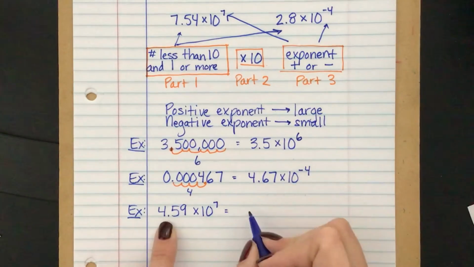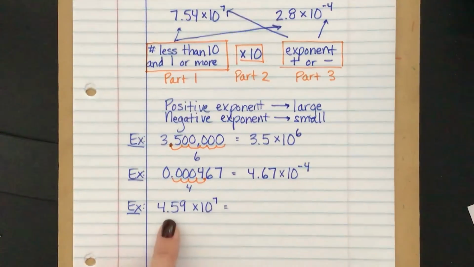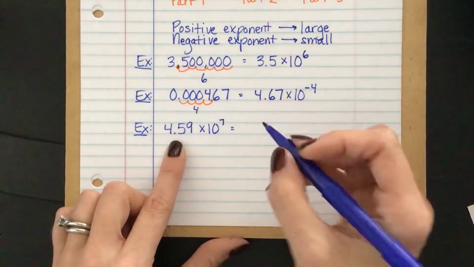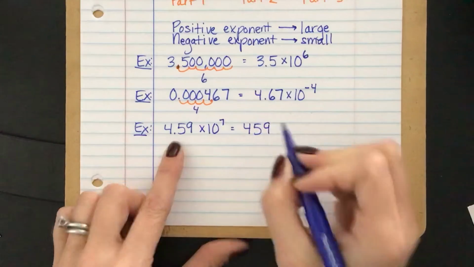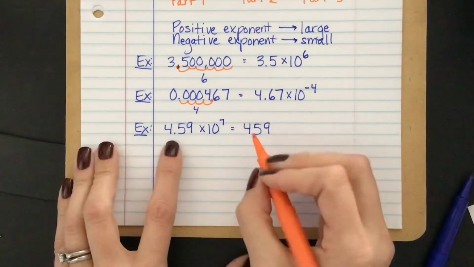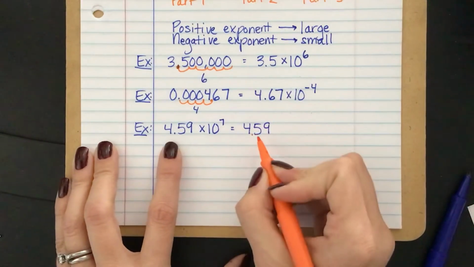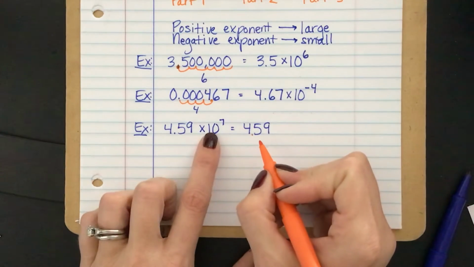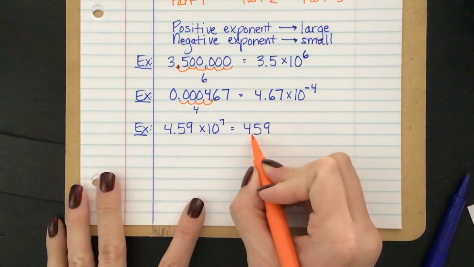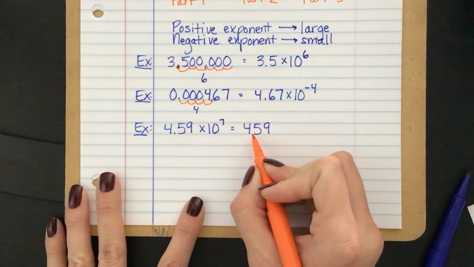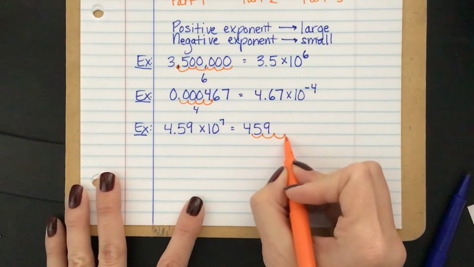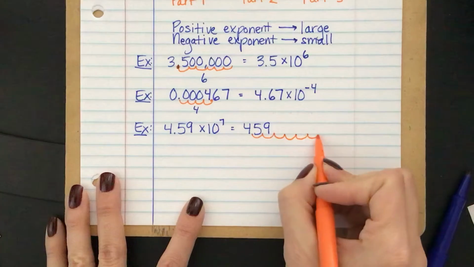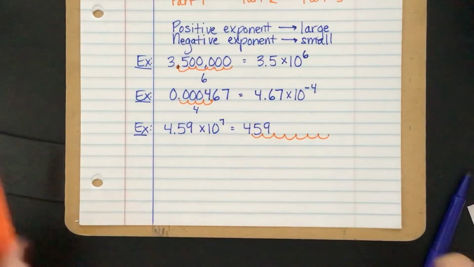So what I do, I'm going to start with this number right here. 459. Now the decimal is right here currently. That exponent is 7. So what that means is we're going to move this decimal place over 7 times. 1, 2, 3, 4, 5, 6, 7.